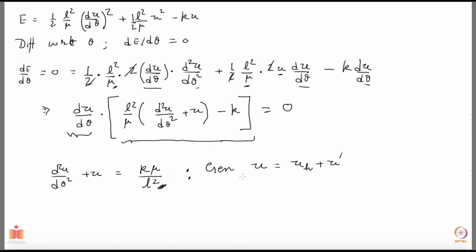Your u homogeneous is easy, you already know that. U will be some constant which I want to call, let me call it c. C doesn't look good.